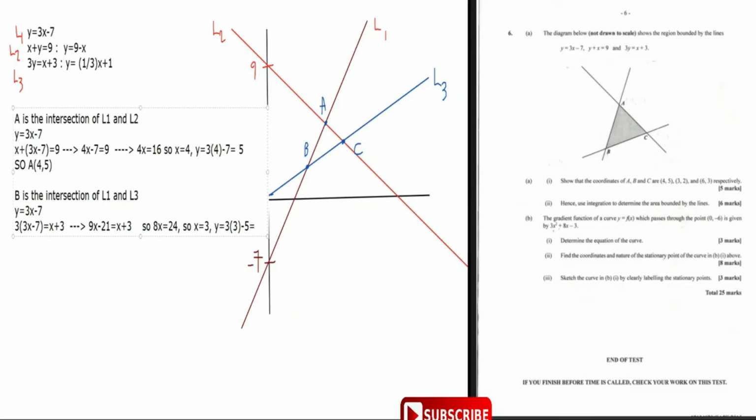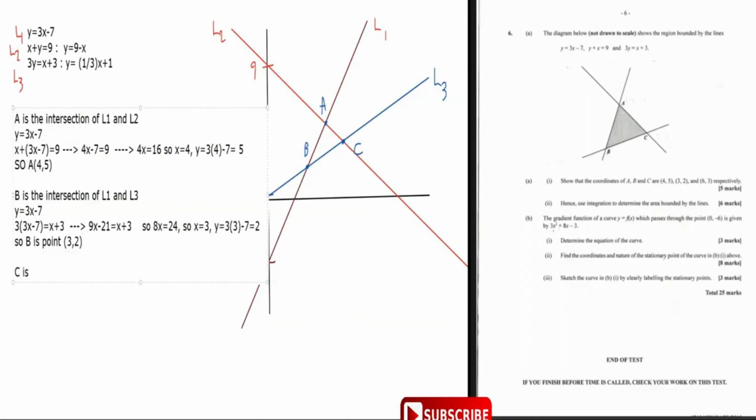Let's look. Oh, my apologies, it should be 7, and so that becomes 2. And so B is the point 3 and 2.